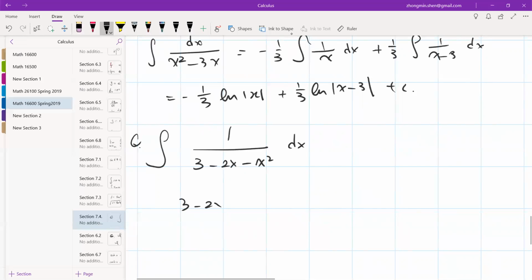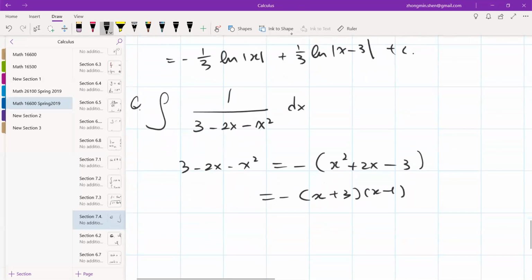So 3 minus 2x minus x squared, if you take the negative sign out, you get this. But you can factor this: x plus 3 and x minus 1, I think, right? Yes. So use the above idea.